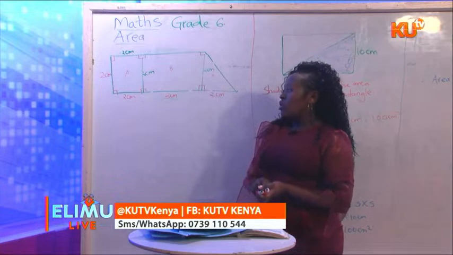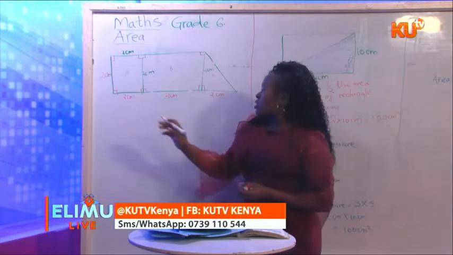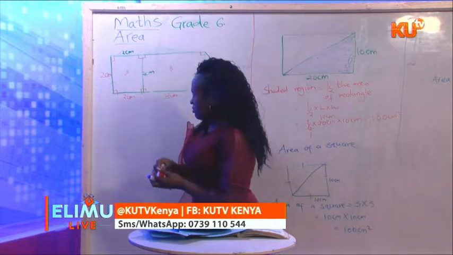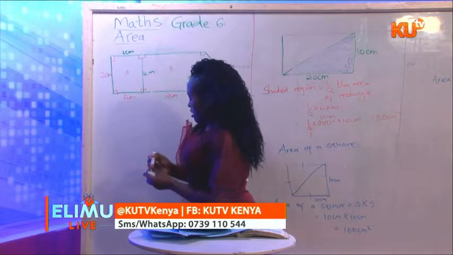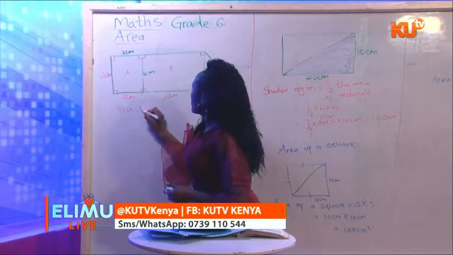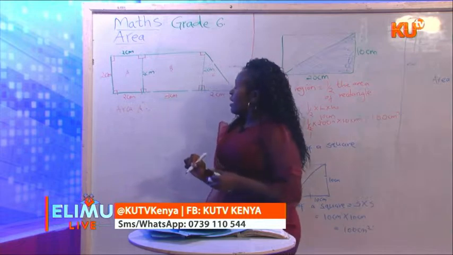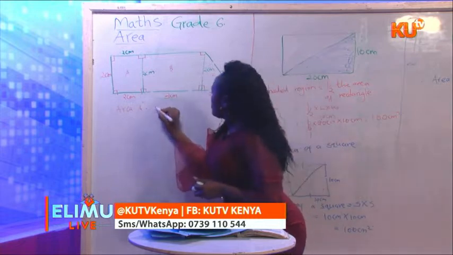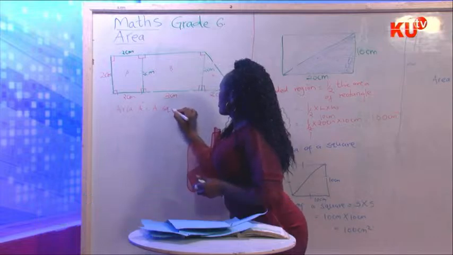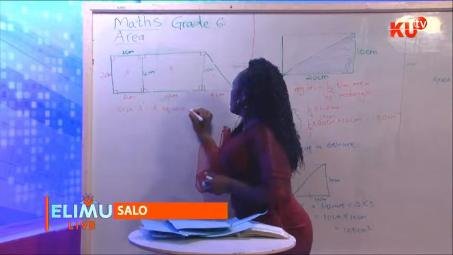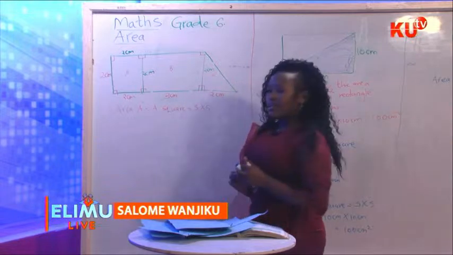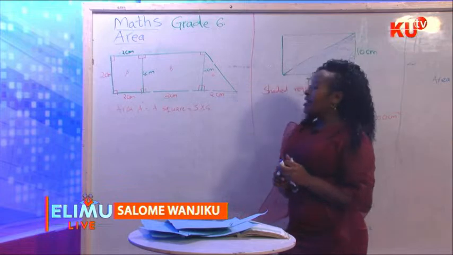So we are going to go about it like this. Area A is equal to a square, which is equal to side multiplied by side. Are we together, learners?